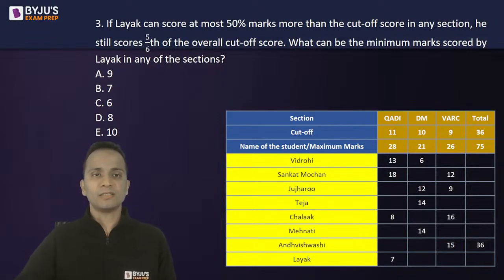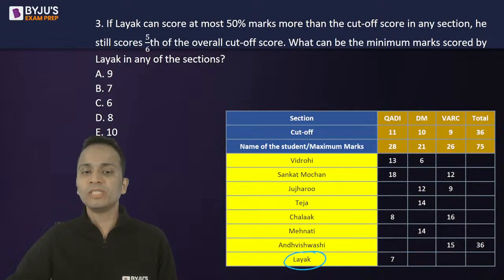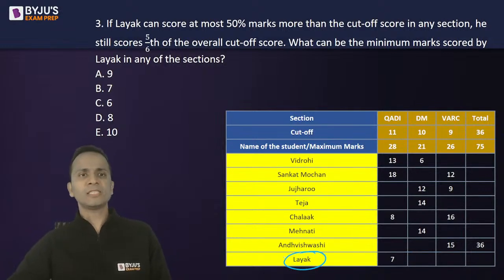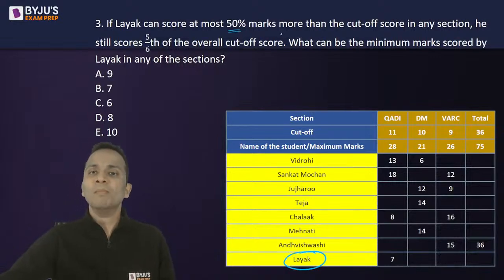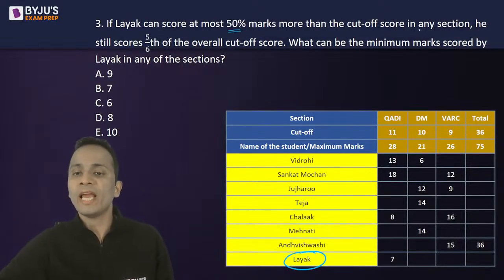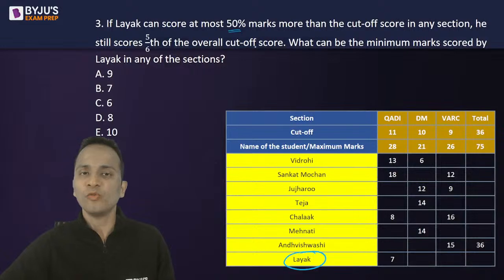If Layak, the student whose name is at the bottom of the list, can score at most 50% marks more than the cutoff score in any section, he still scores 5 by 6 of the overall cutoff score.